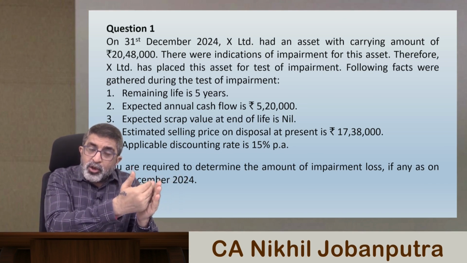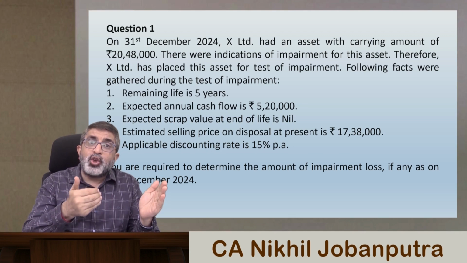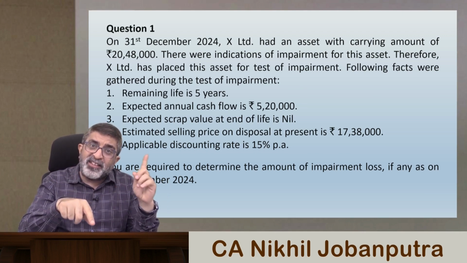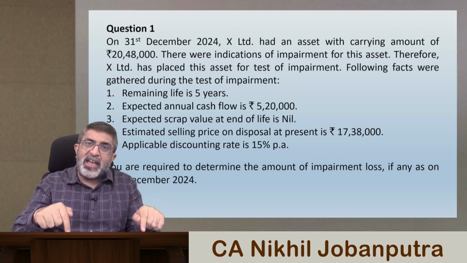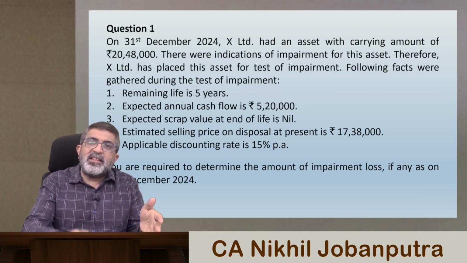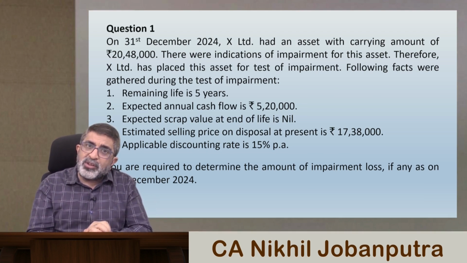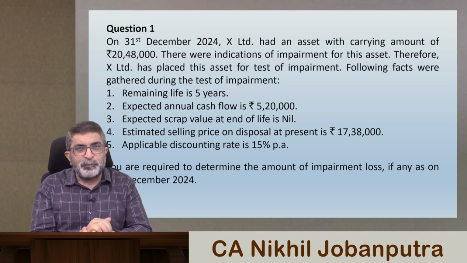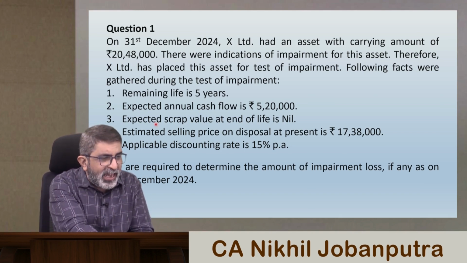From that, you have to subtract all the accumulated depreciation and accumulated impairment losses in the past, if any, to arrive at the carrying amount as on the reporting date or the date of impairment testing. But here we already have that carrying amount.